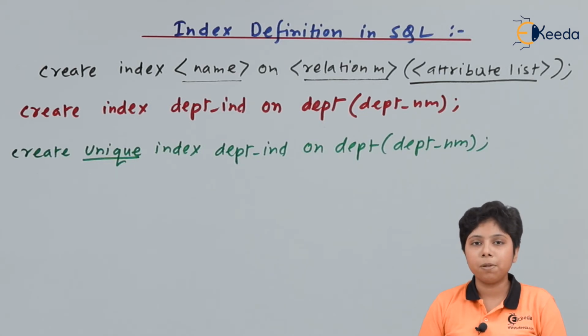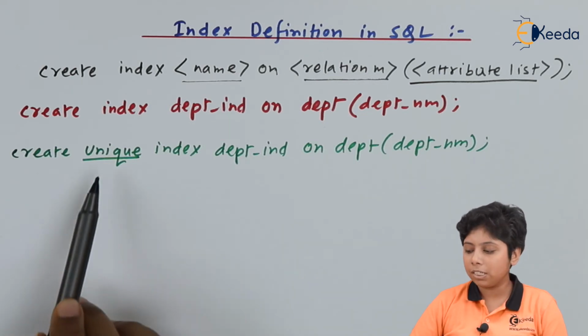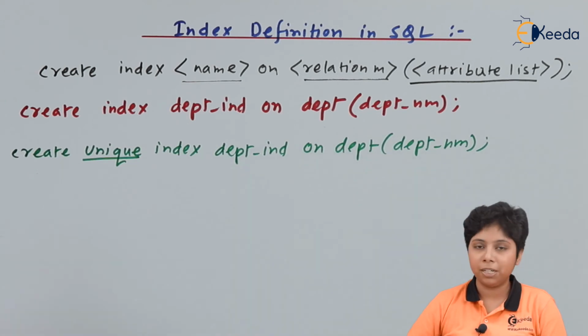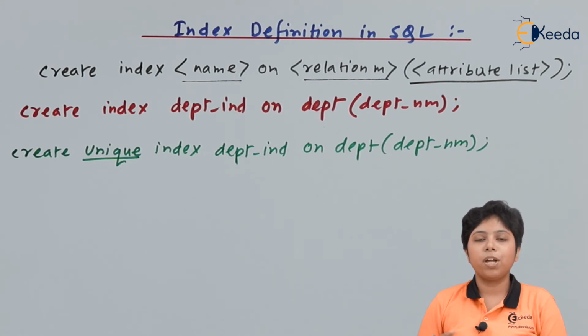Now the second problem is if we have made this unique constraint on the index on department name, and we keep creating more and more department entries, and we create a tuple in which the department name is duplicated, that will violate the constraint and cause an error.